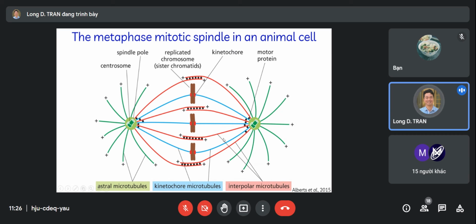And then we also have the interpolar microtubule, which originates from the centrosome and interacts with each other in the center of the spindle. These red and black dots are actually kinesin 5, the bipolar kinesin that can slide the microtubule.